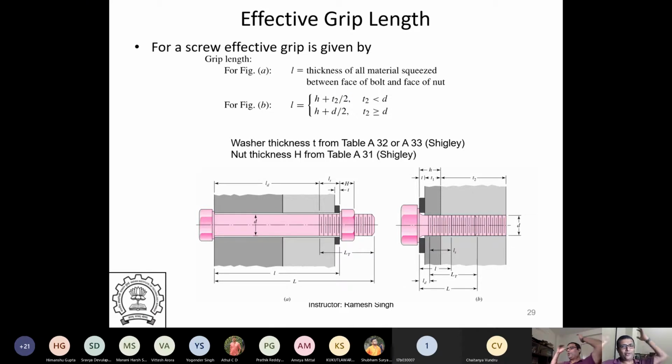And then I'll also talk about the stiffness of your members which are being squeezed in this. Why would it be important at all? Any answers? Any guesses?